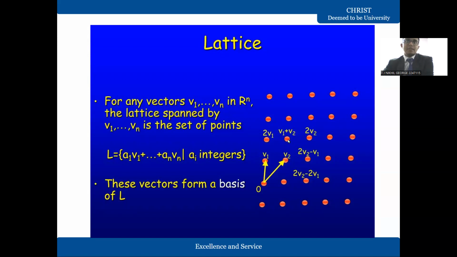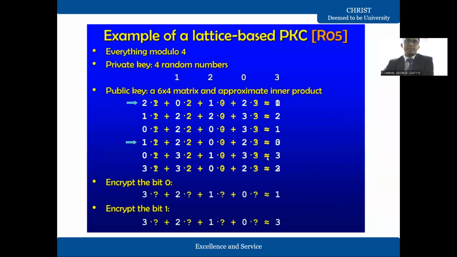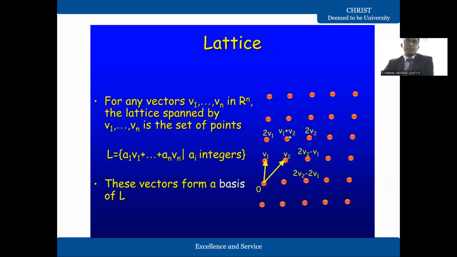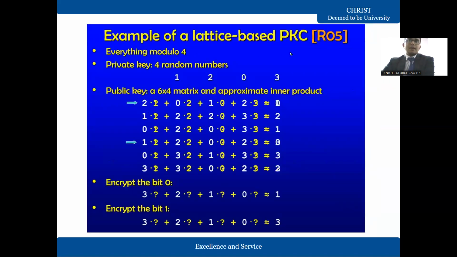As the vector's magnitude and direction go this way, if you traverse from this point to this point, it becomes v1 plus v2, because you traverse v1 and then need this vector to reach this point. Just like that, you will form lattices.